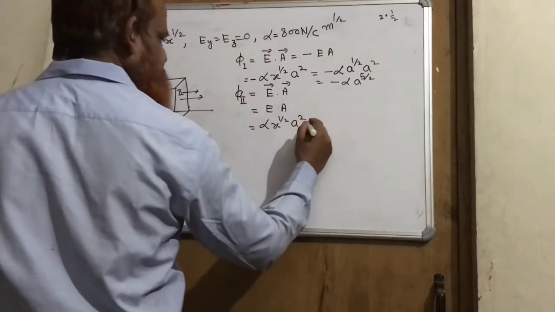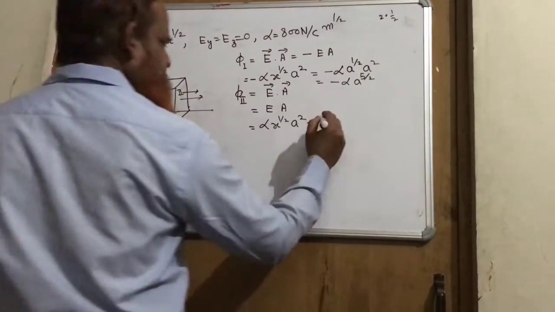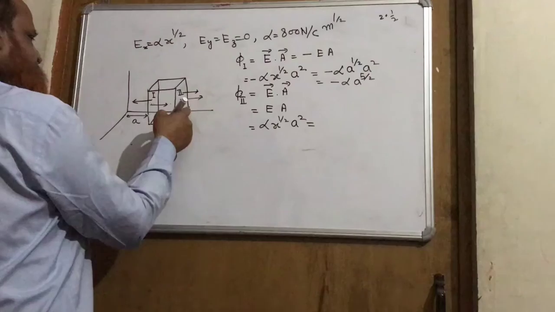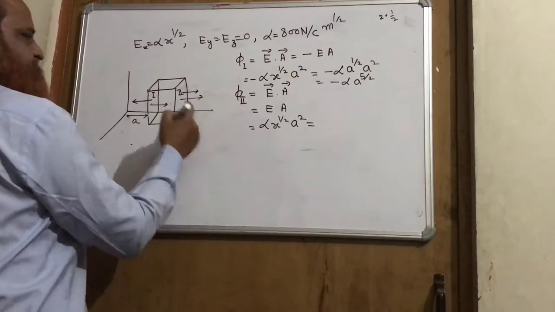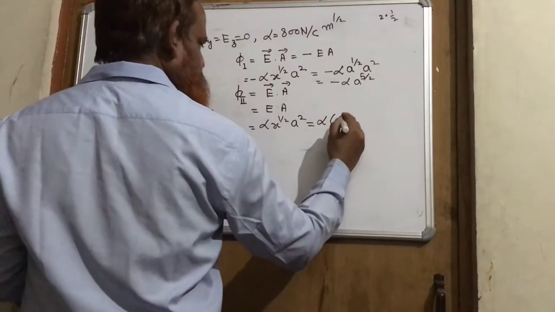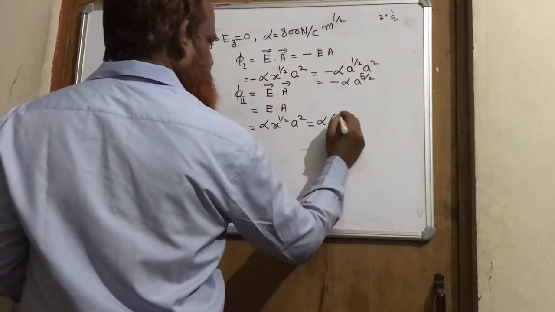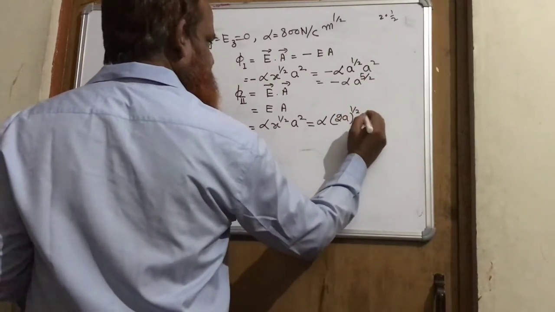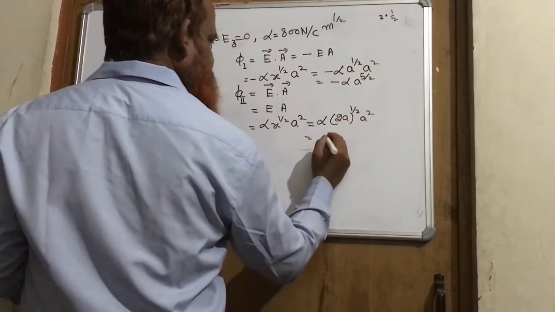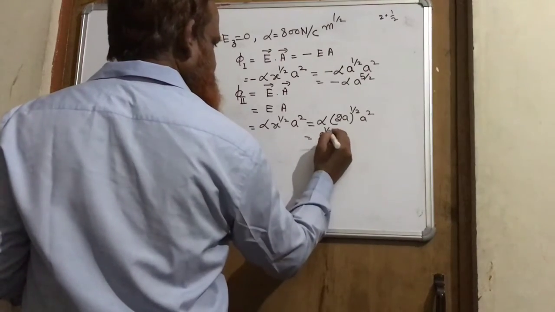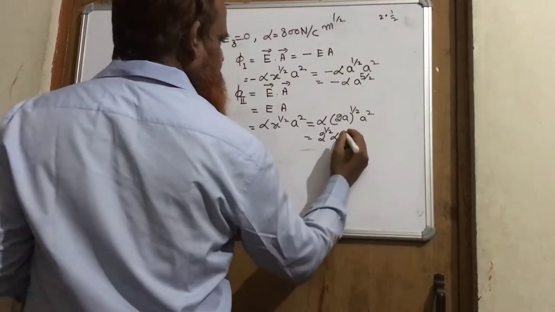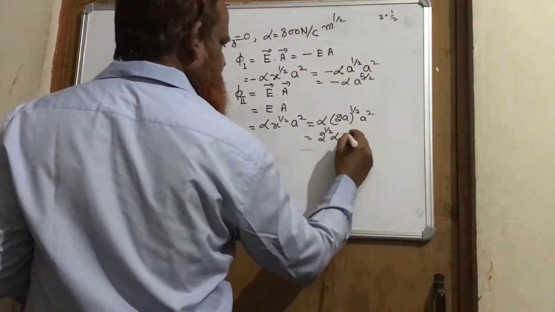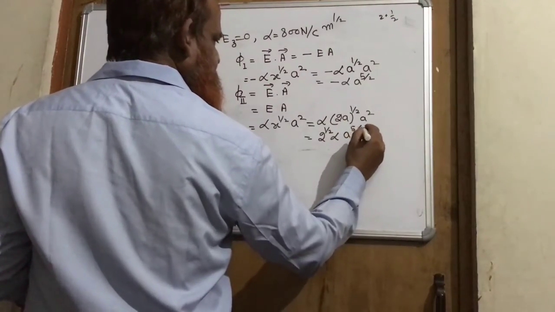In the second case x is 2a, so alpha times 2a to the power half times a square, which is 2 to the power half alpha a to the power 5 by 2.